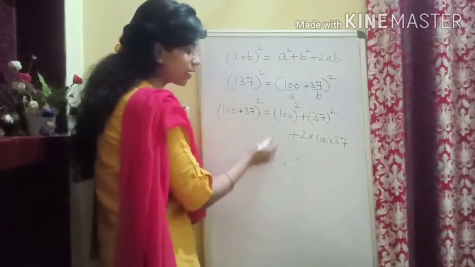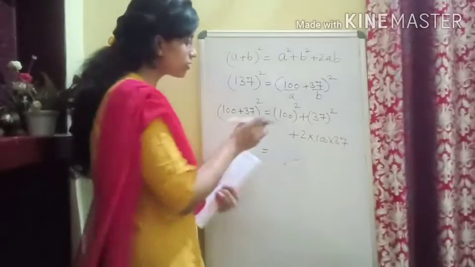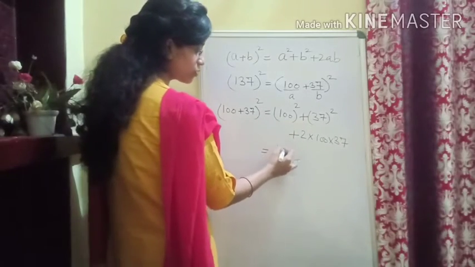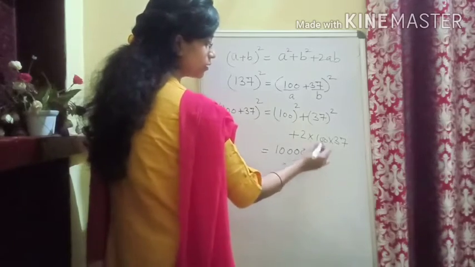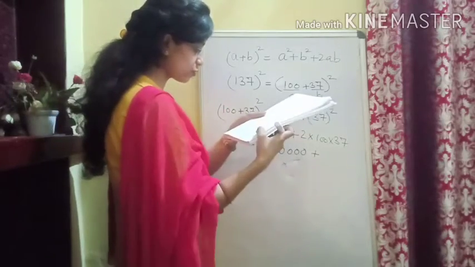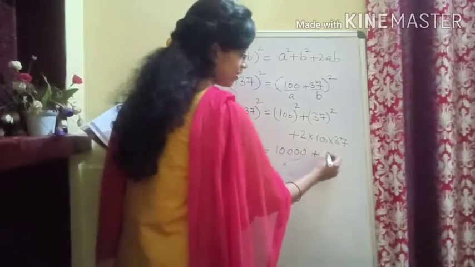Is it clear? And after that we can proceed according to the operation given. Now 100 square will be 10,000, isn't it? Plus 37 square, I guess it is 1369.